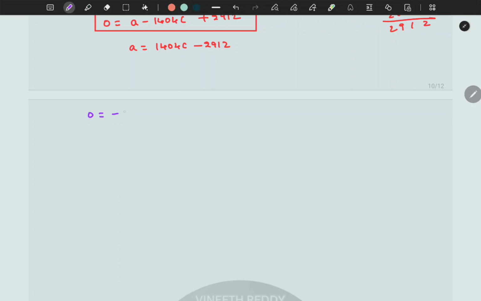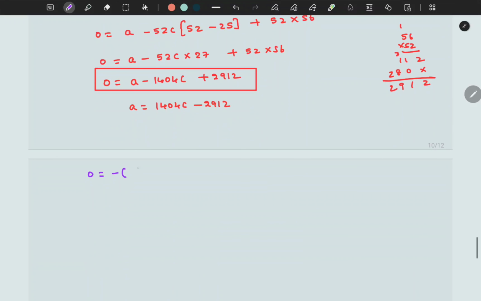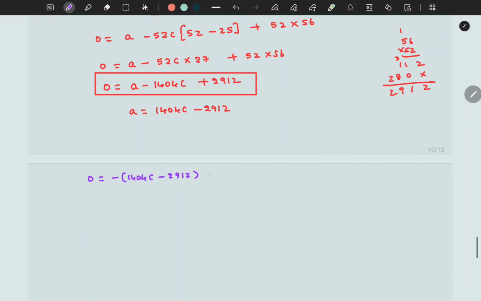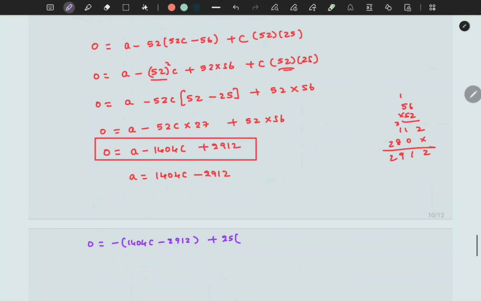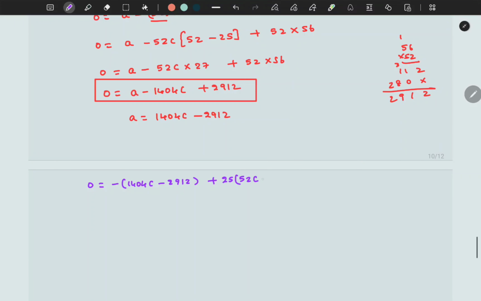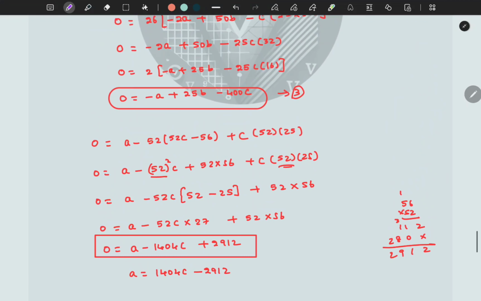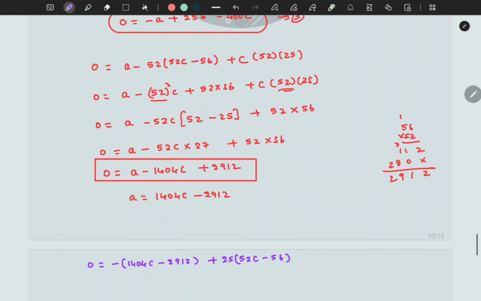Let us eliminate a and c both. So instead of a we can write minus 1404c minus 2912. Then we have plus 25 into b. Instead of b we can write 52c minus 56. And then we have minus 400c.